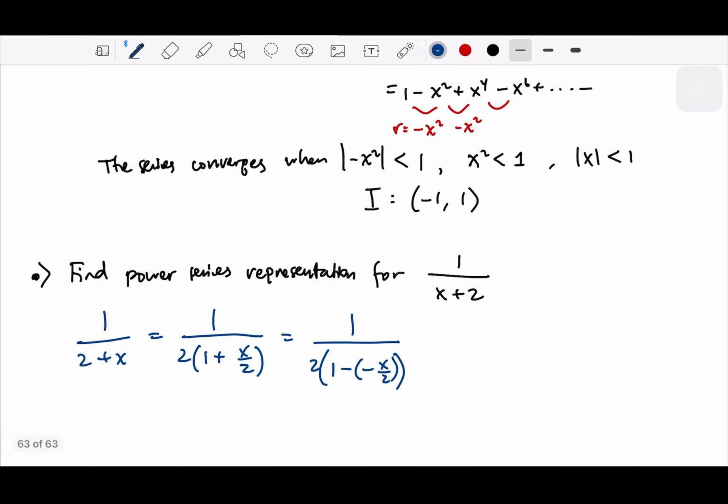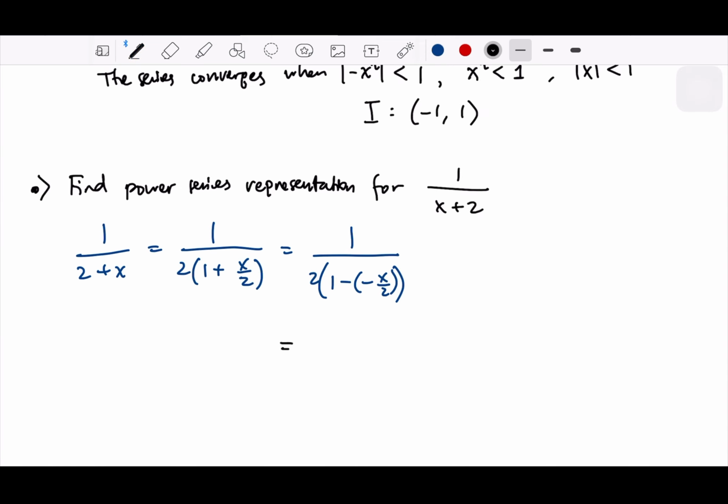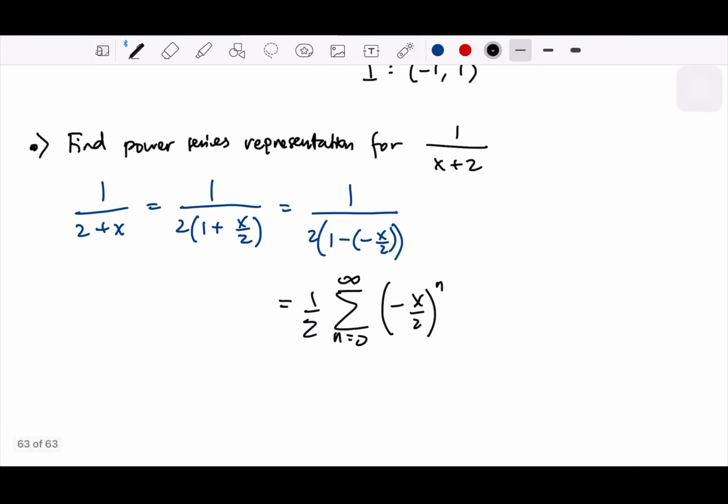So this will be half, and then this will be the series. And write down the series like that. And then we can simplify and take negative 1 out. So we will have 1 over 2, the sum of negative 1 with power of n, over 2 to the n plus 1, x with power of n.